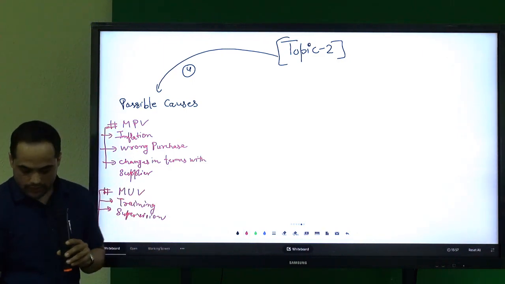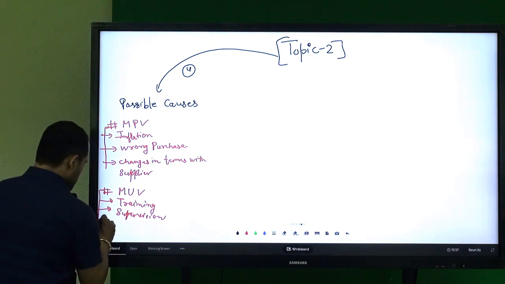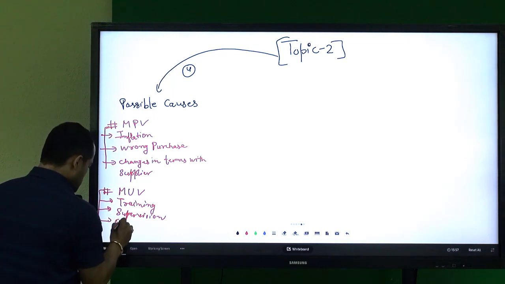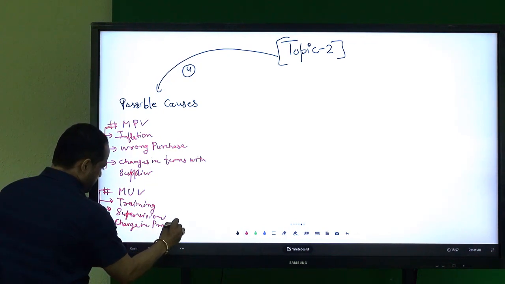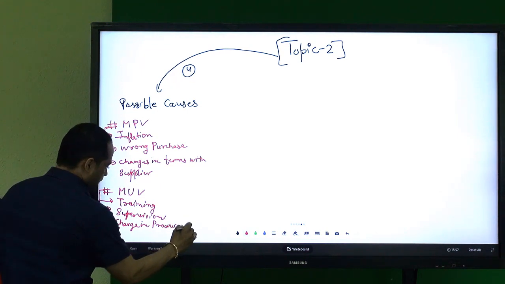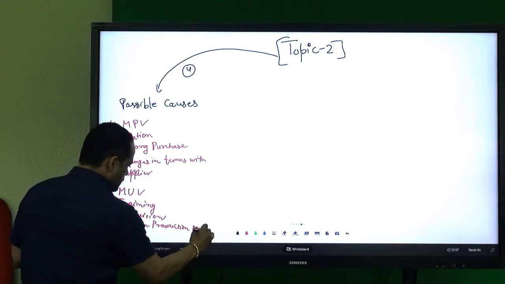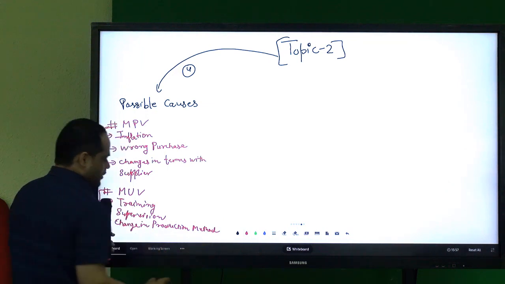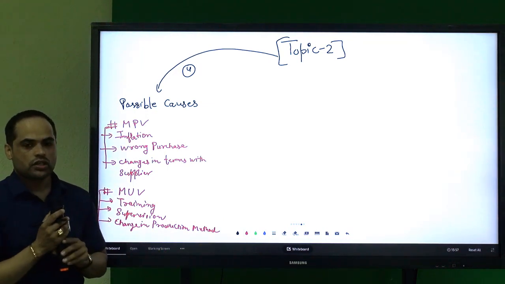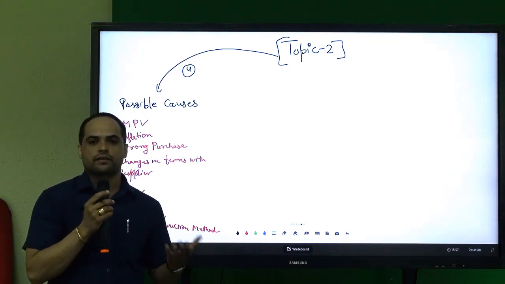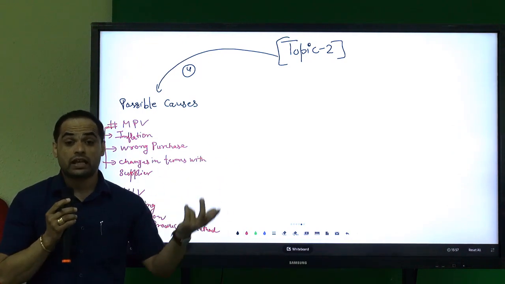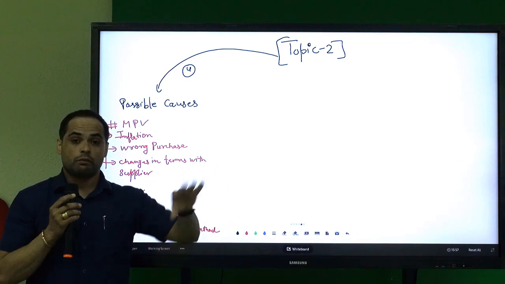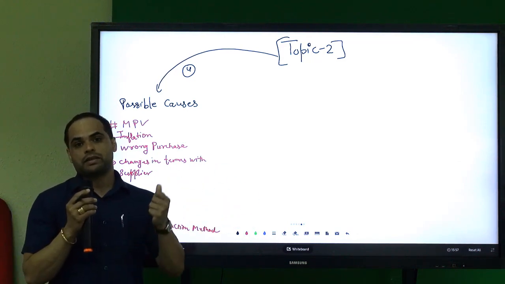The next one is a change in production method. If the production method has been changed in order to implement a new method, maybe the material consumption of the new method will be increased. It may have an impact, positive or negative, on the material usage.